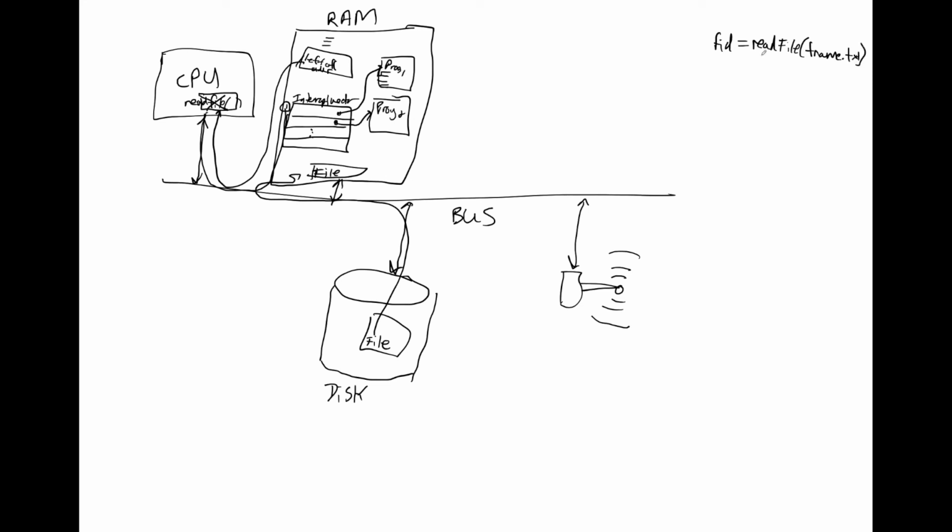So you do that, and all you get is a return value with a file descriptor, and now you just say string A equals read using that file identifier. Now, of course, underneath the covers, when you say read the file, once that read file returns, that file is now in memory.